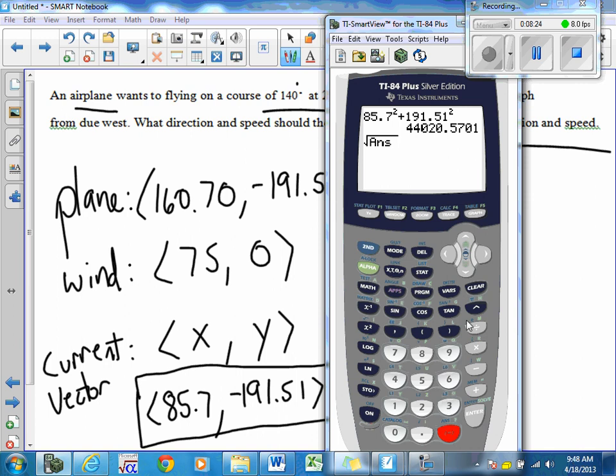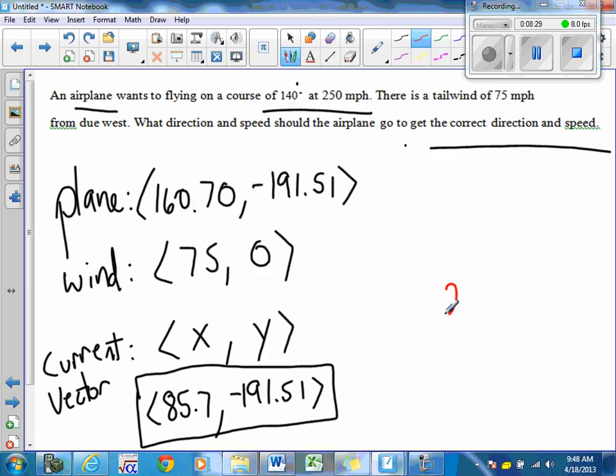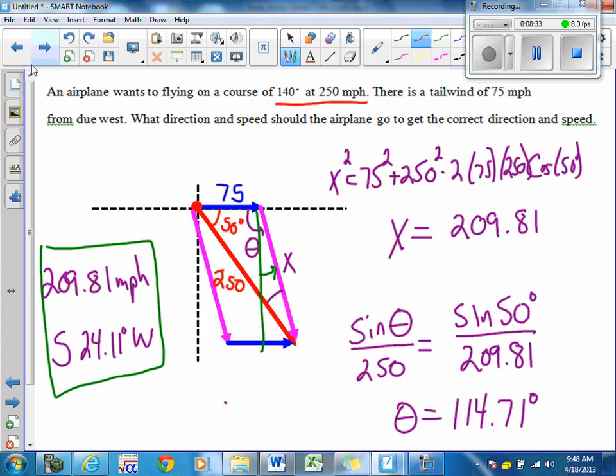Take the square root of that. And we get 209.81. Notice, same answer we got over here.